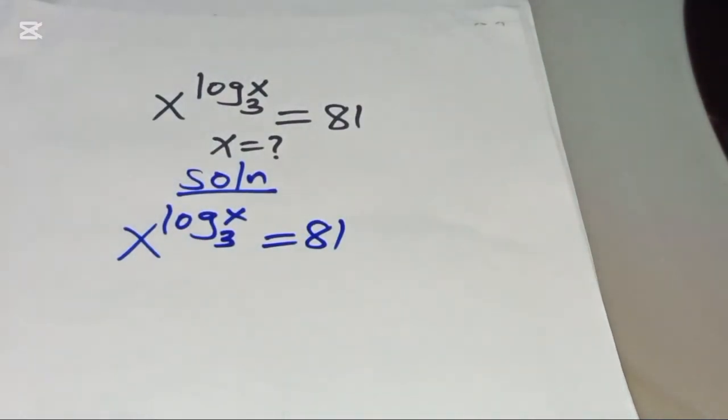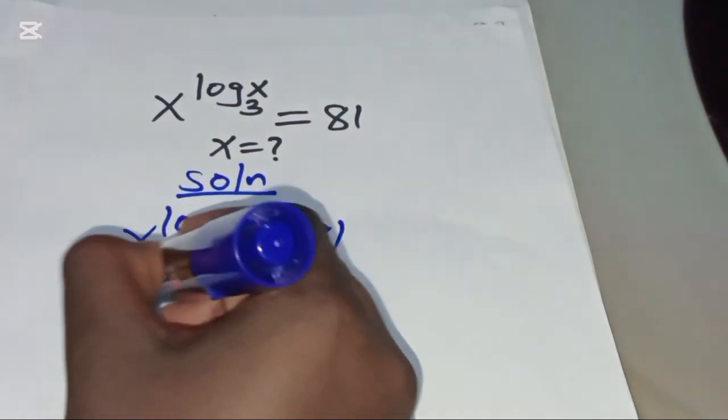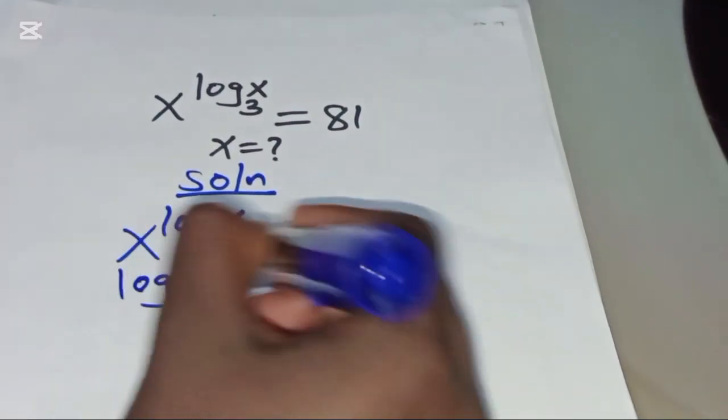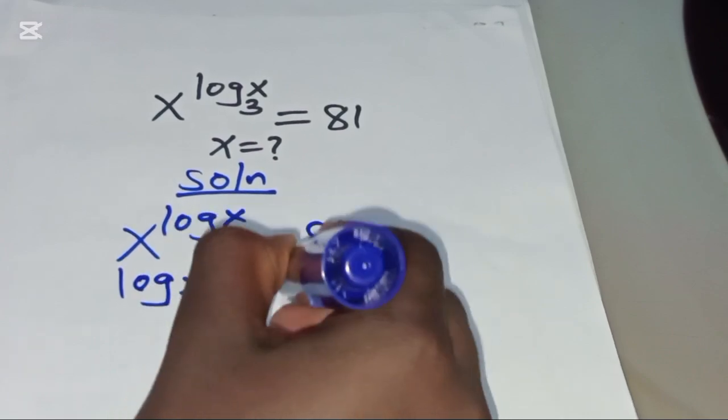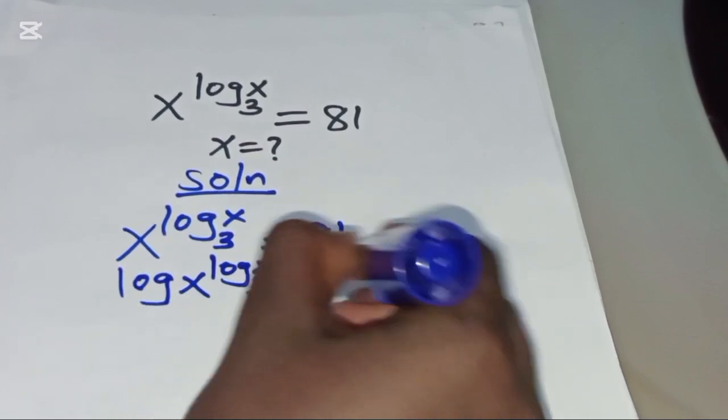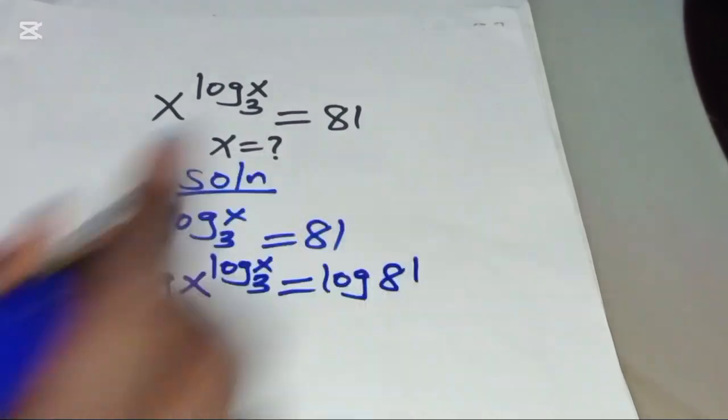Now, to solve for the value of x, we introduce the natural logarithm on both sides, so that we have log x to the power of log x to base 3 equal to log 81.